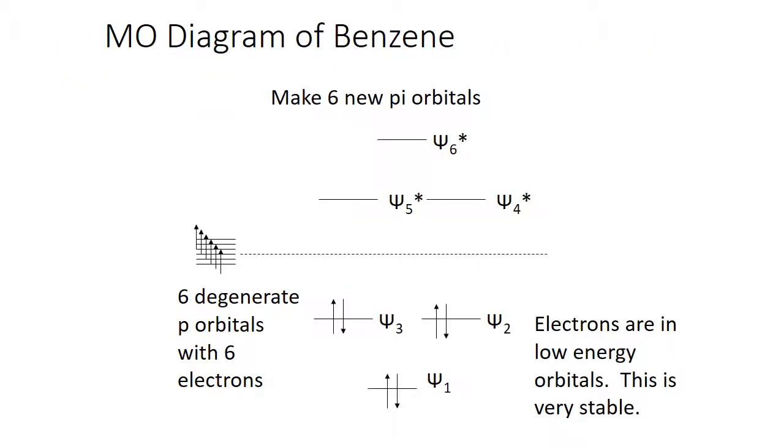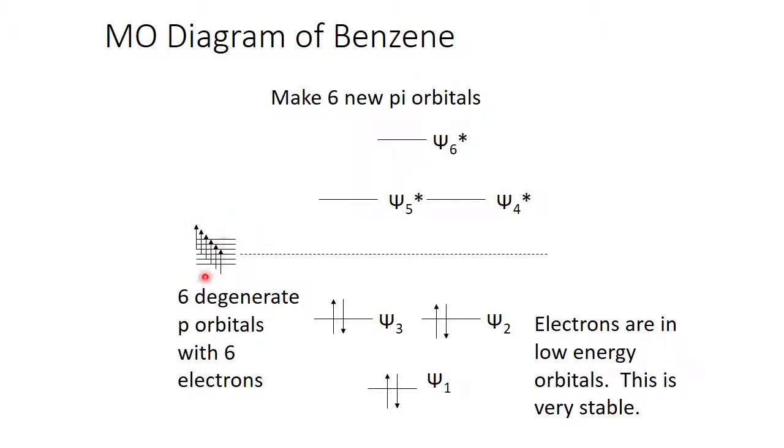This is a picture of the molecular orbital diagram of benzene. There are 6 p orbitals, with an electron in each, that can overlap and form molecular orbitals.